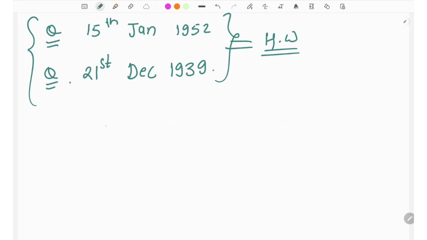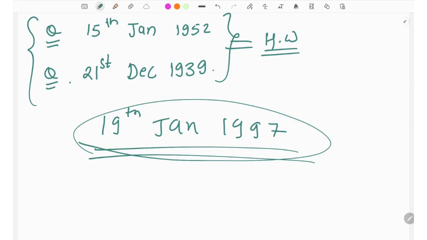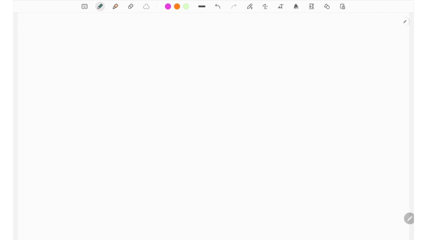For example, 19th of January 1997, you can find out which day it was. You can also simply assume your birth dates. Let's solve those questions first, and then discuss a few exceptional cases for the concept that we learned yesterday.